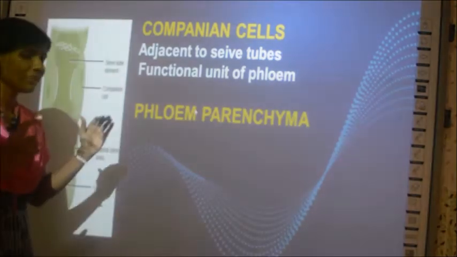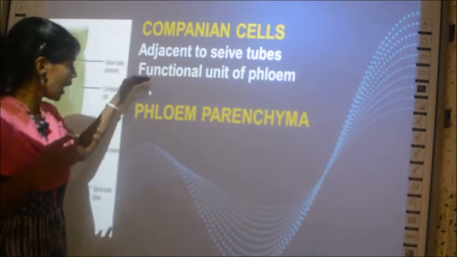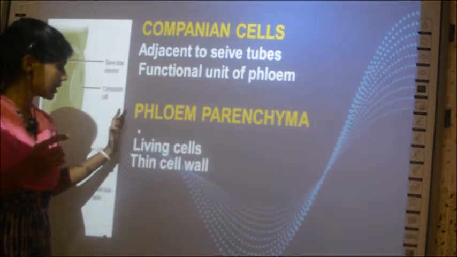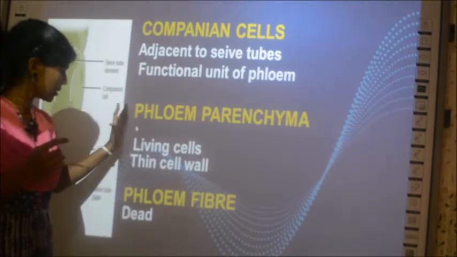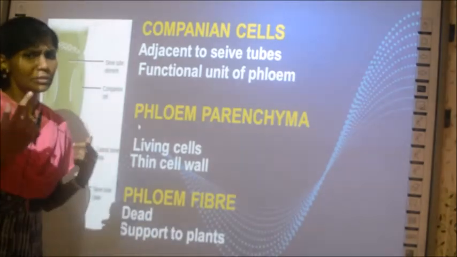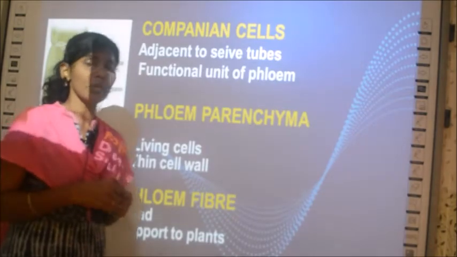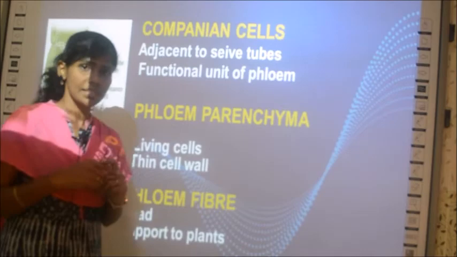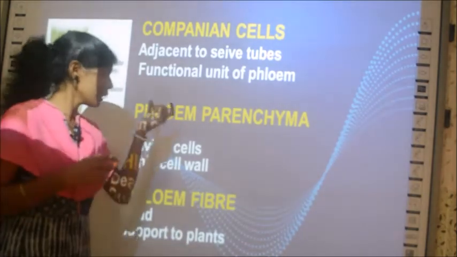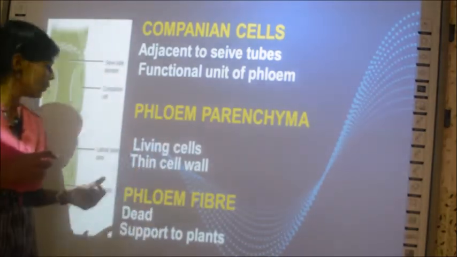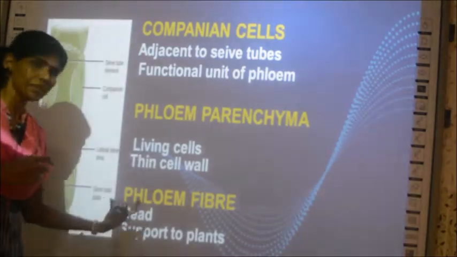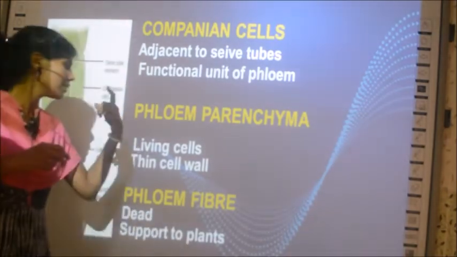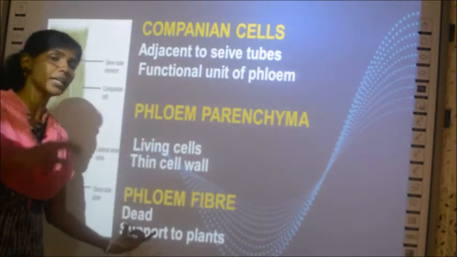I told you the function of phloem parenchyma and phloem fibers is almost similar to xylem parenchyma and xylem fibers. Do you remember the function of xylem parenchyma? We were talking about thin cell wall and thick cell wall. Similarly, in phloem parenchyma also you have thin cell wall and thick cell wall, and one more property the same as xylem parenchyma: these are living cells and these are dead cells.